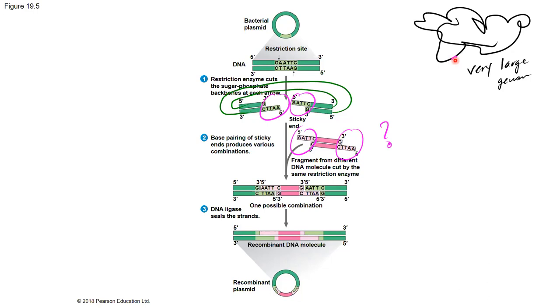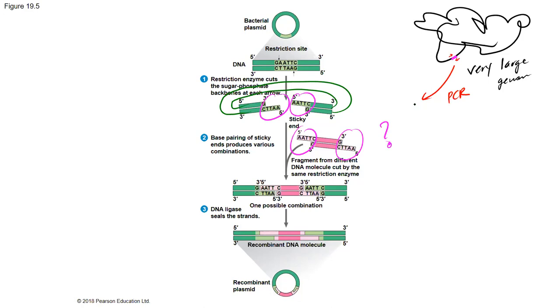So the way we obtain this insert is that we could do PCR, using primers that will bind specifically to your target sequence.